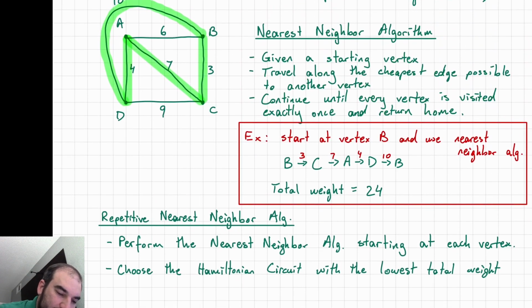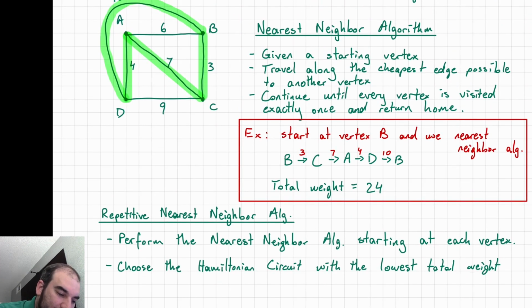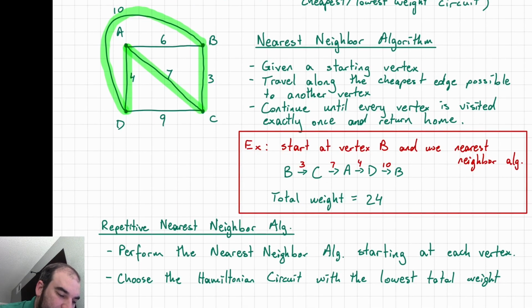Right, so I'm not going to do that whole example, but I think the one I did starting at D is the cheapest one in this picture. I think you get the same one if you start at A, because you go A to D, and then this is the cheapest, and this is the cheapest, and this is the cheapest. So sometimes you get the same Hamiltonian circuit starting at different vertices. If we started at C, we would go C to B, and then B to A to D, and then D back to C. So you get the same thing.